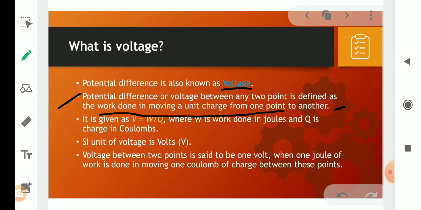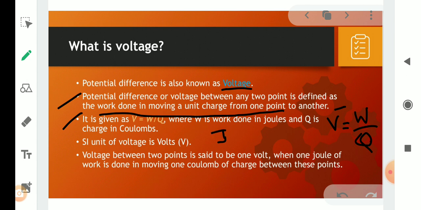So we can write the formula: potential difference V is equal to work done divided by charge, so V equals W divided by Q. Here V is voltage, that is potential difference, W is work done and Q is charge.